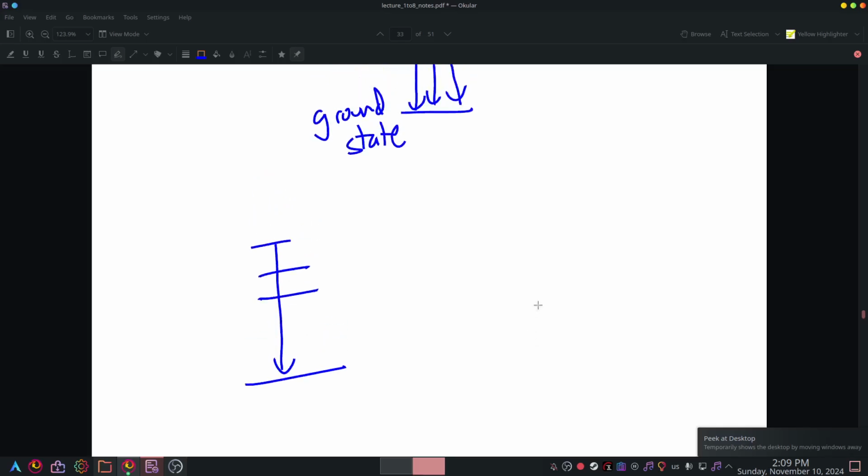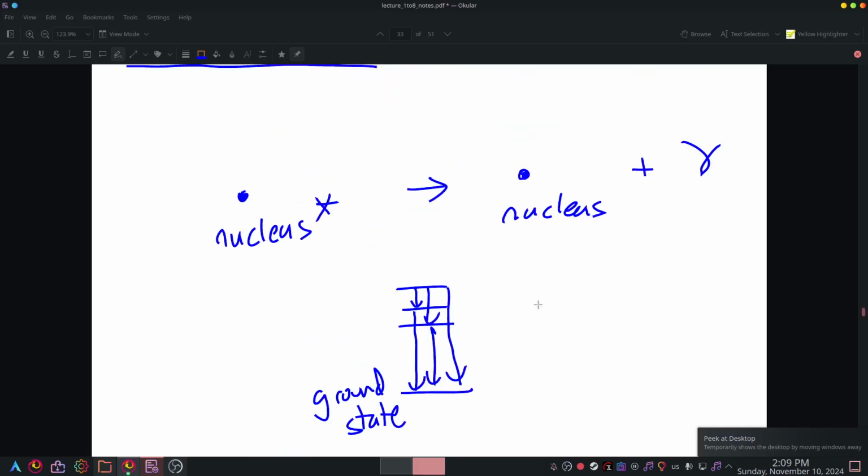Now, last time we were talking about the nucleus itself being at specific energy levels, and they emit gamma rays.